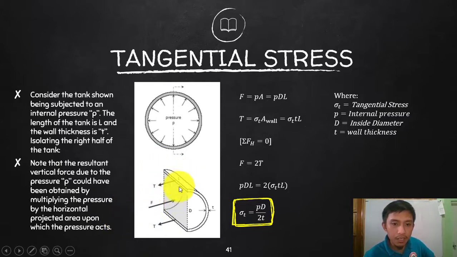That is the one handled by each area. Then using our formula for normal stress, since tangential stress is a normal stress, you can figure out the formula of your tangential stress in case you forgot.